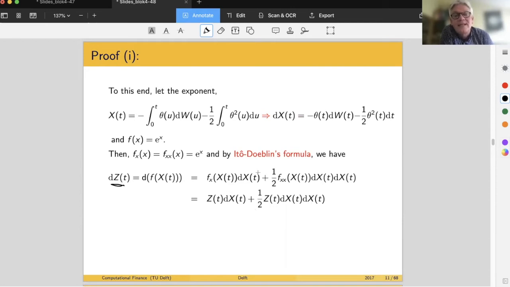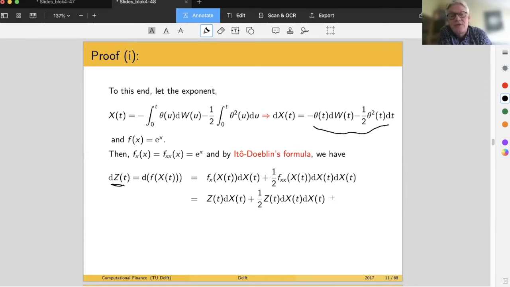Well, for dX_t, we know its expression. It's written down here, so we can substitute that. And for dX_t dX_t, we have a dW_t term, and that is the only one which is non-zero. The mixed term is 0. The dt squared term is equal to 0. So you will see that dX_t dX_t is in fact theta squared t dt.